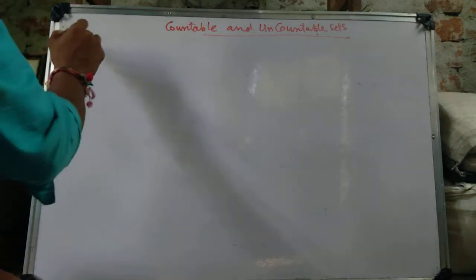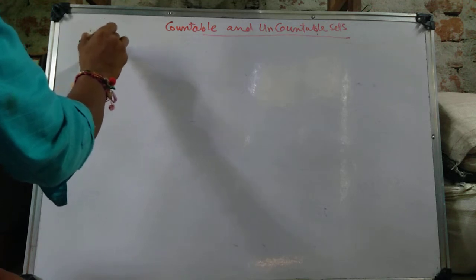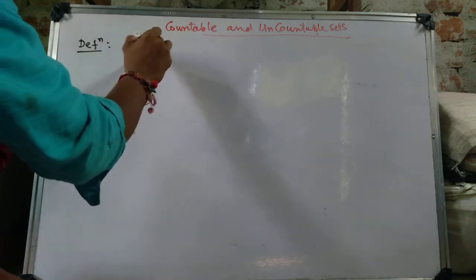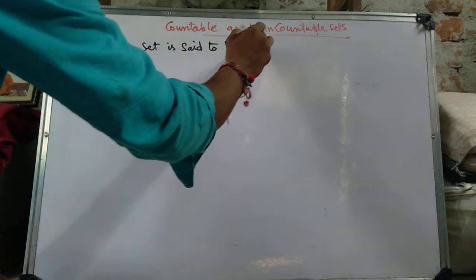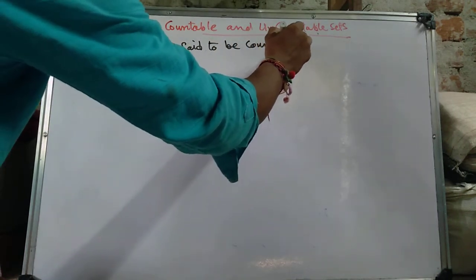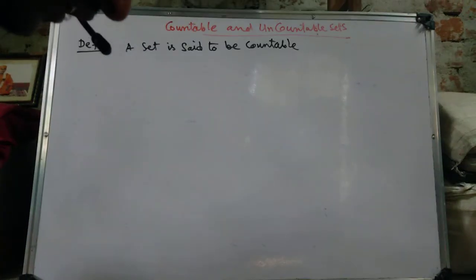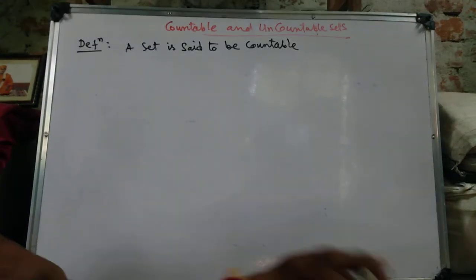A set is said to be countable if it is either finite or countably infinite.